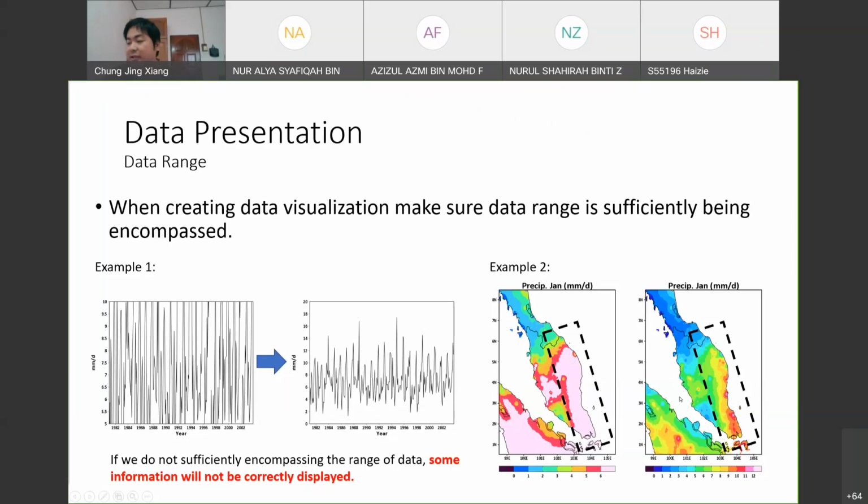This is the reason why you want to have a proper data range, so that you can see those small differences which might be hidden away if you use the wrong scale. All right, so I hope you are clear on this.